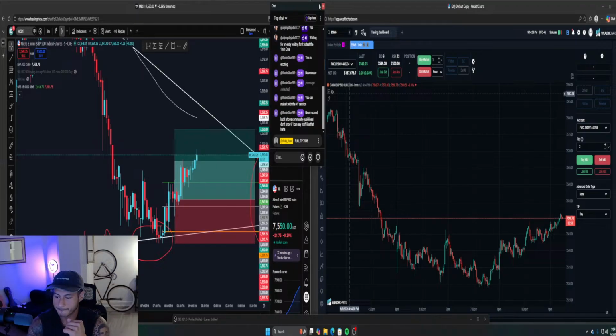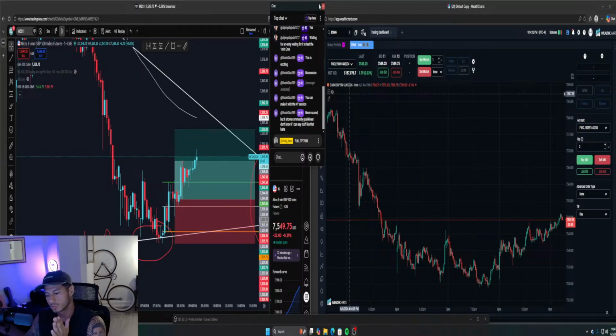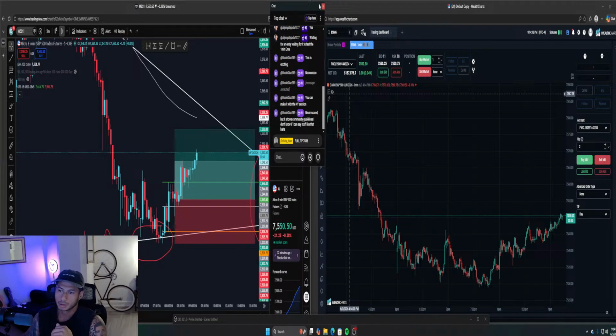Boom, boom. All right, this 5-minute candle is almost over, guys, but it's looking beautiful right now. So far, so good.